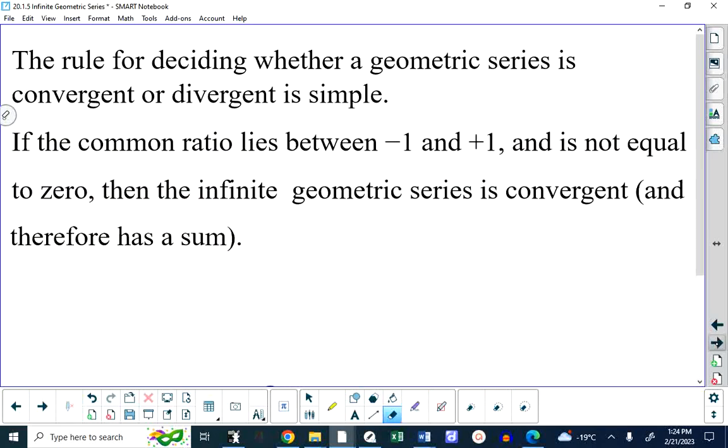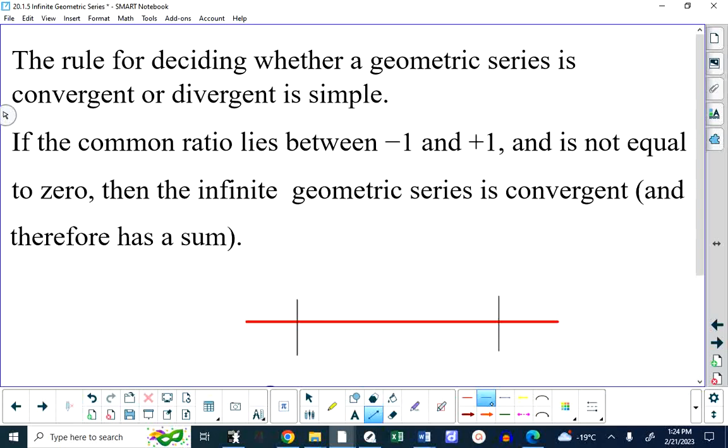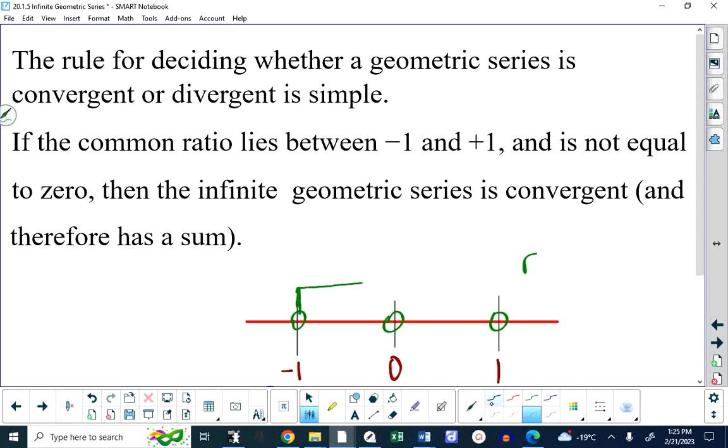What this says, and you can feel free to add a number line if you like, is that if you look at a number line where this is negative 1, this is 0, and this is 1, the values of R that are permitted for it to be convergent are described by that green diagram. Anything between 0 and 1 or between negative 1 and 0 makes it convergent.